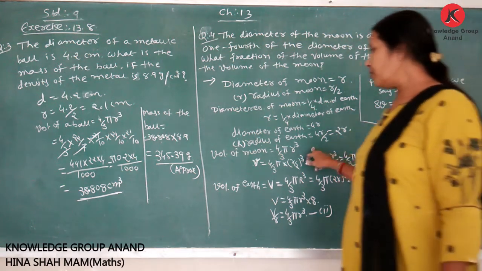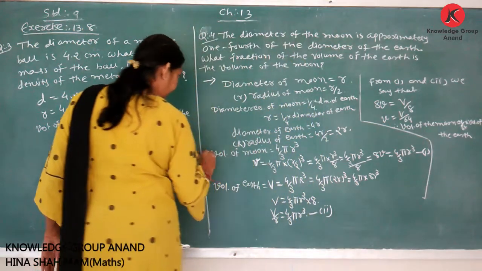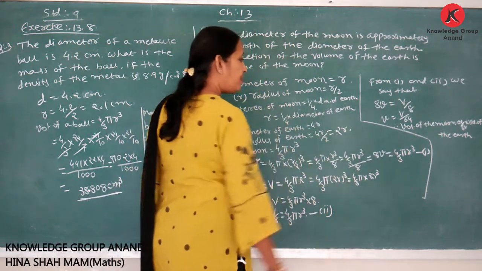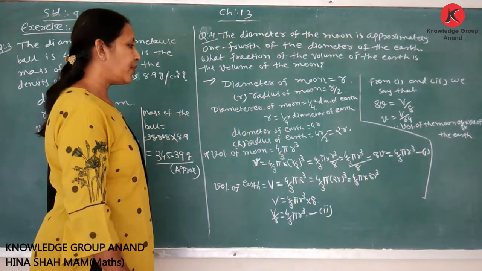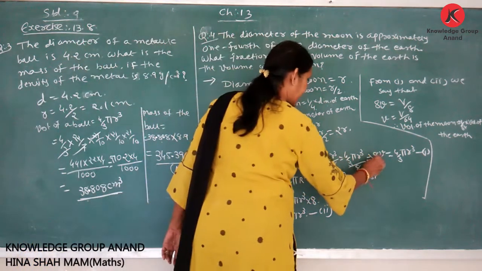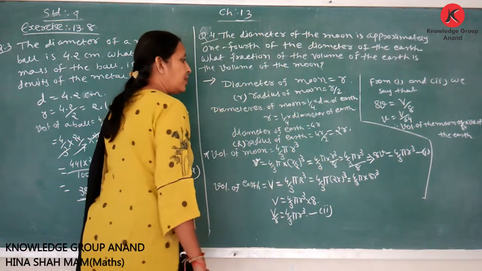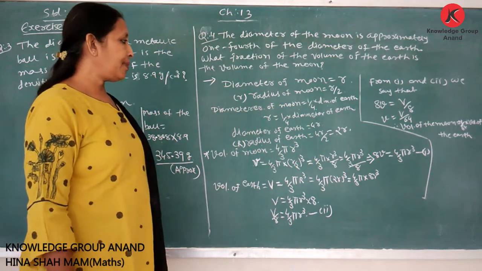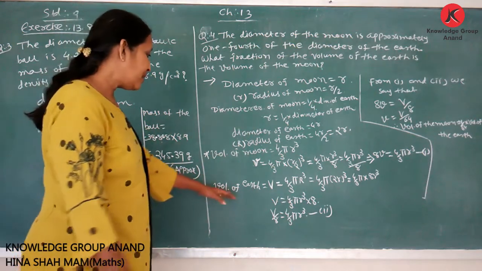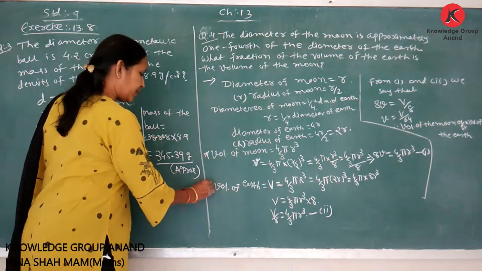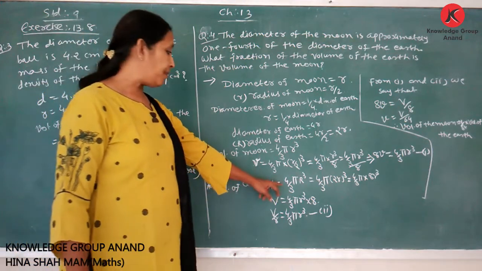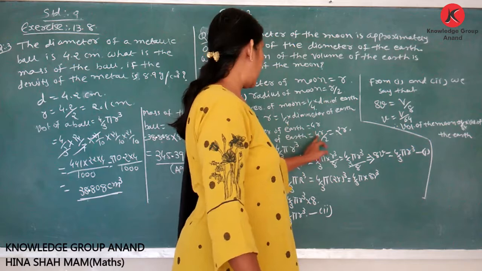First we find volume of moon. Small v is equal to 4 by 3 pi r cube upon 8, so 8v is equal to 4 by 3 pi r cube. And second, volume of earth. Capital V is equal to 4 by 3 pi R cube. Capital R is equal to 2r.